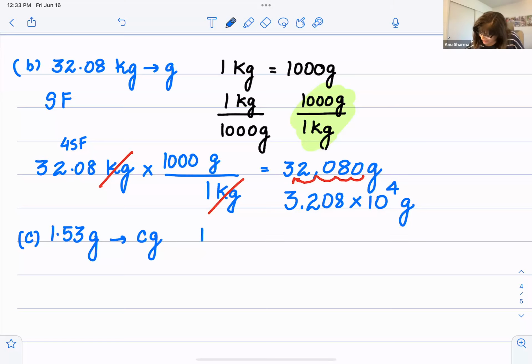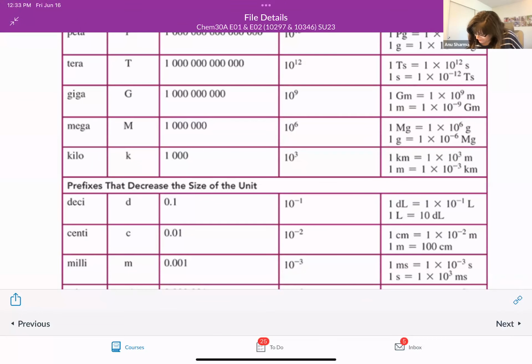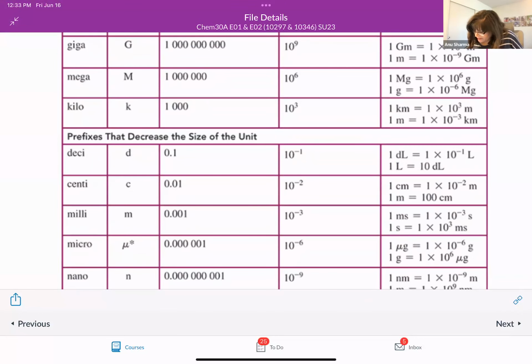So that means 1 gram is 100 centigrams. No, or is it the opposite? I always get confused here. So centi is 10 to the power negative 2. So 1 gram would be 100 centigrams. Yes.